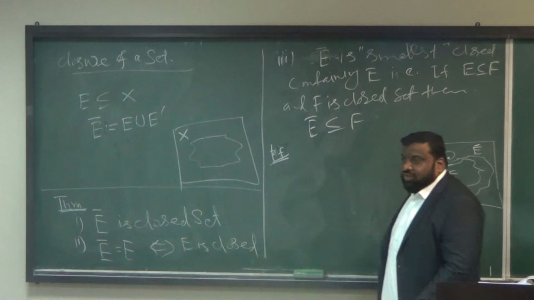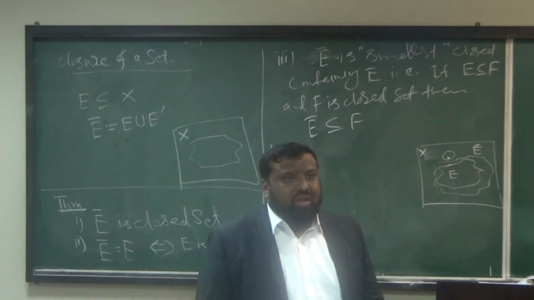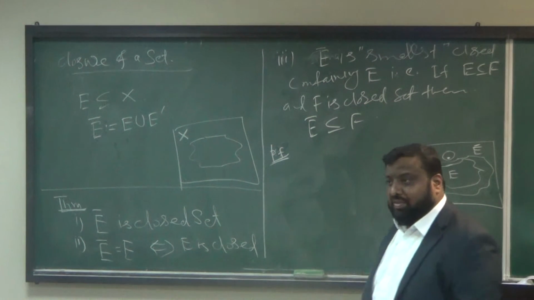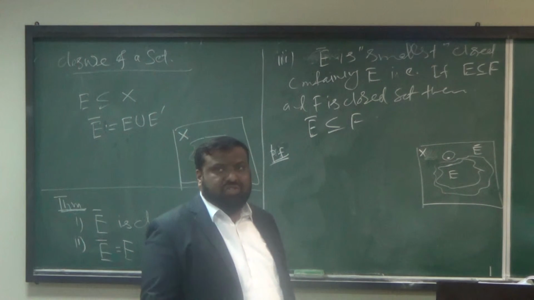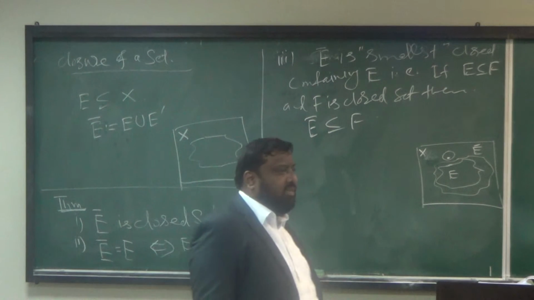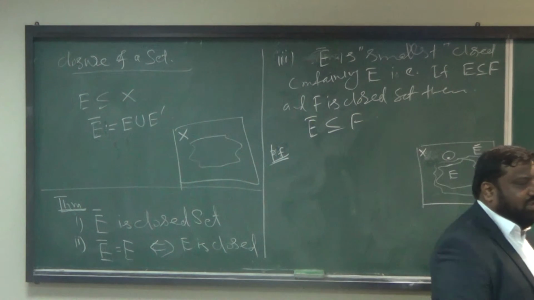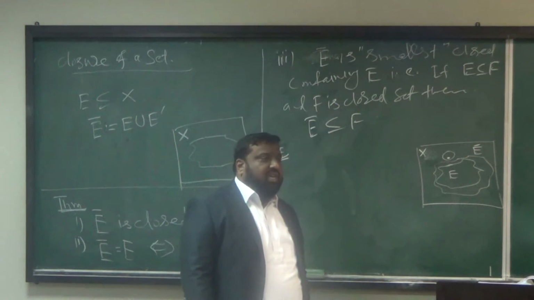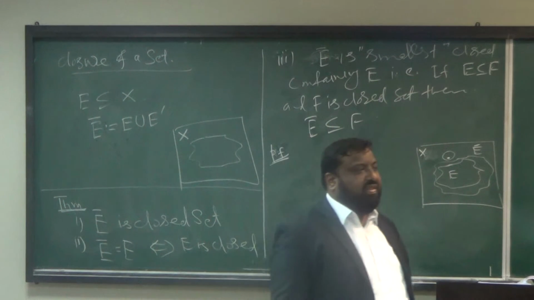So before writing, I want to think about why this ball, which is not intersecting with E, should not also intersect with E bar. Can you see pictorially what is going to be the trouble if you take this neighborhood and intersect with E bar?